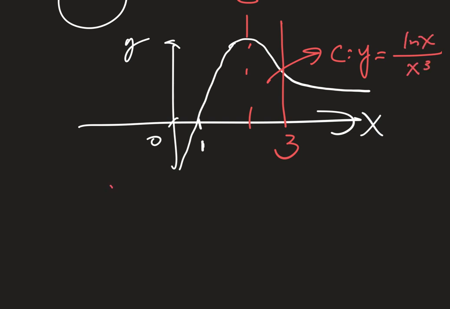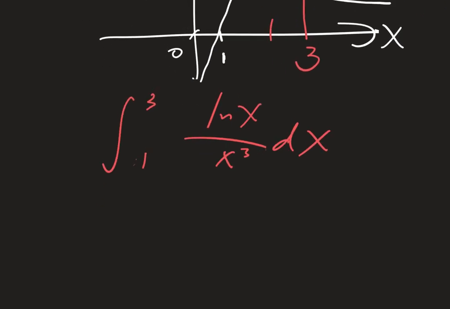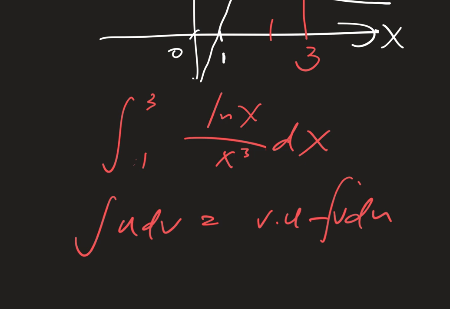So that means we need to integrate this. Wow, how to integrate? So complicated. Any idea? How to integrate this? By parts. What do we mean by parts? The integral of u dv equals uv minus the integral of v du.